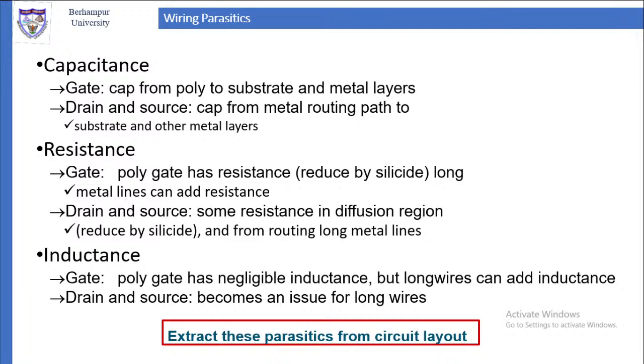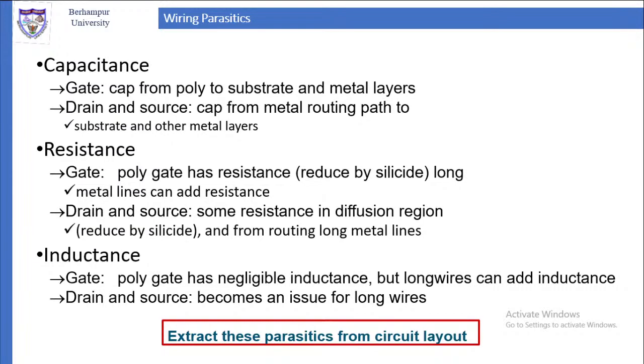So the polygate has resistance, and the resistance is reduced by silicide. This is also because of long metal lines. If you use long metal lines, they can add resistance.